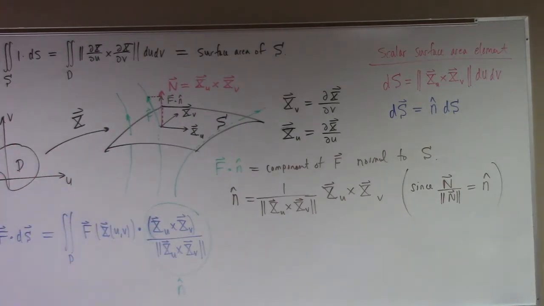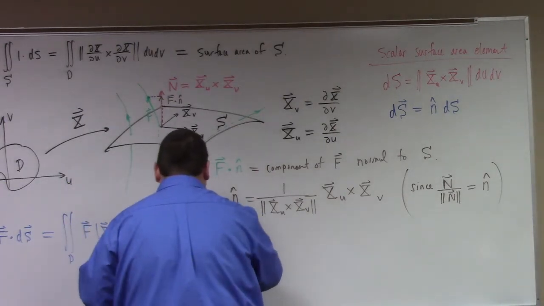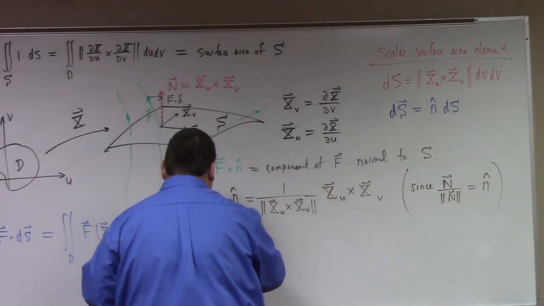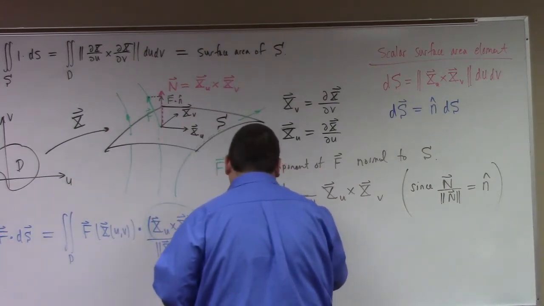Well, what does it mean to take the surface area integral of F? It means you integrate the function times this stuff. So the dS is the length of xu cross xv, and then du dv.